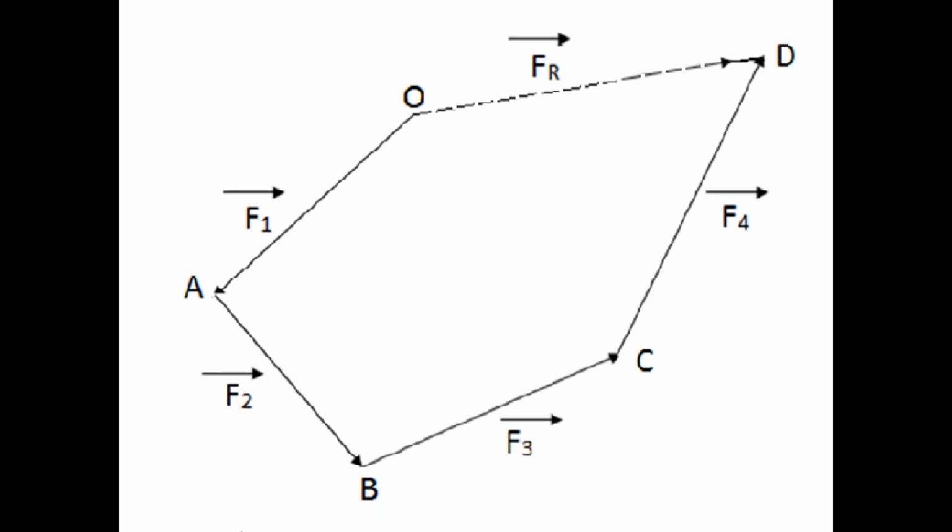If the polygon is a closed polygon, the resultant force becomes 0, so the force system is in equilibrium condition. So we have two types of polygons here: open polygon, resultant force exists; closed polygon, resultant force 0.